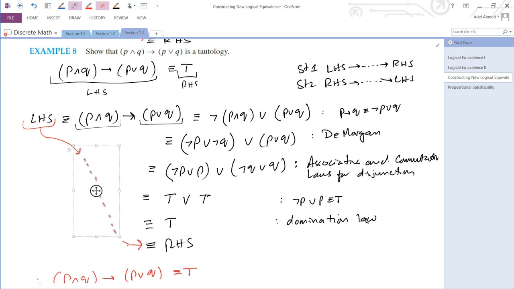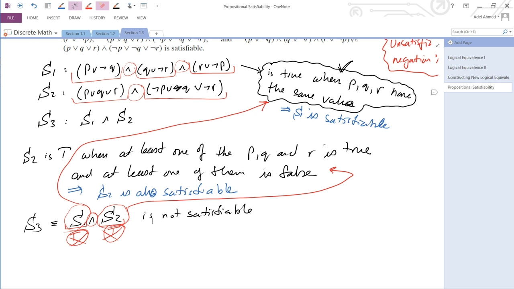And then we saw how we can build arguments for the satisfiability problem in propositional logic.